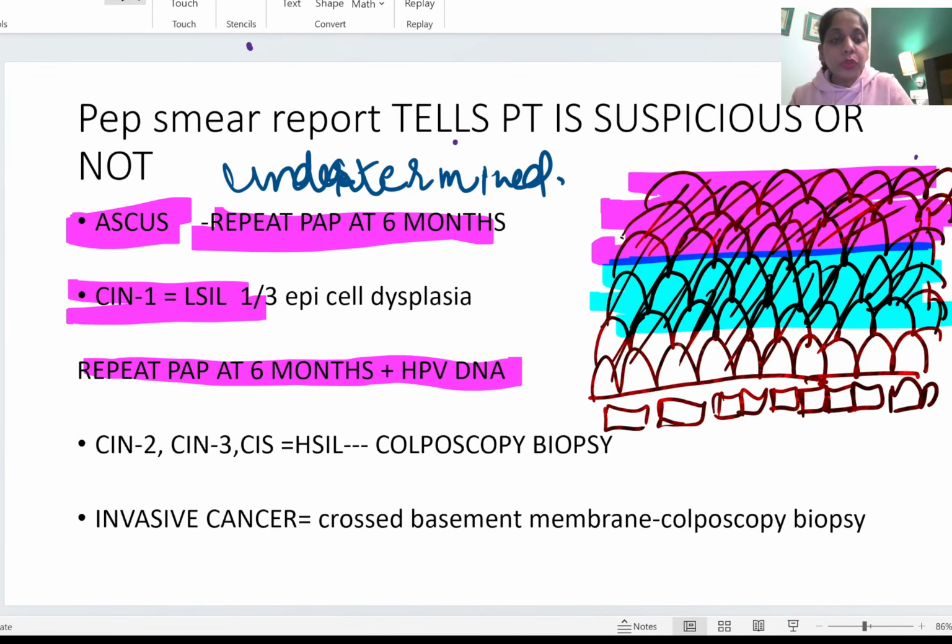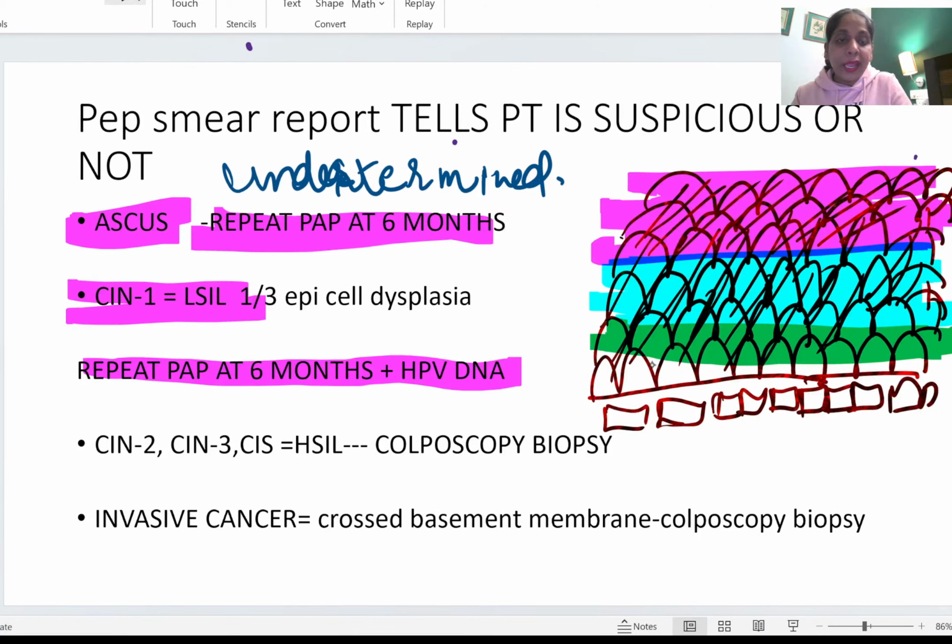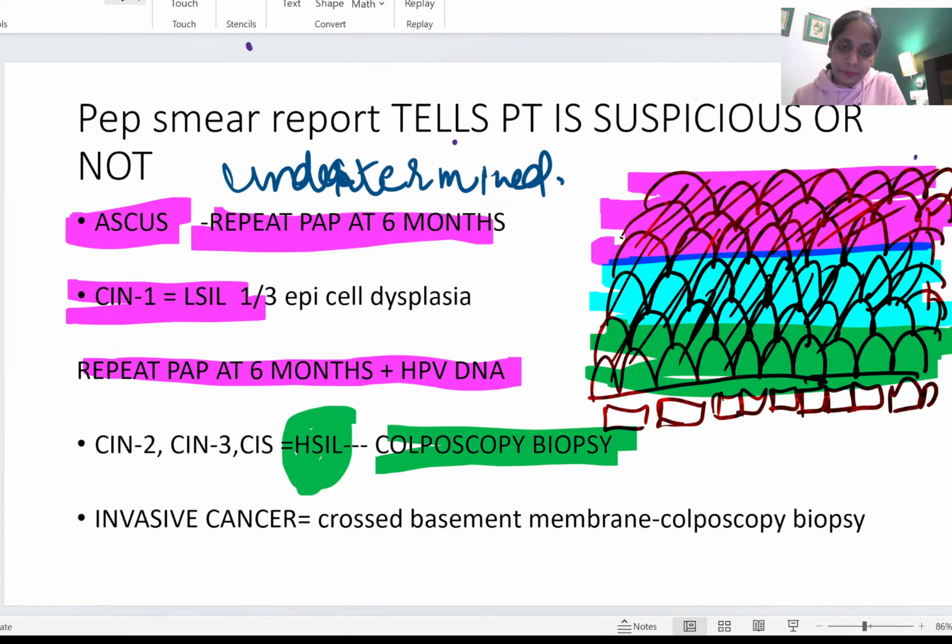If the whole epithelium is involved, then it is known as CIS, carcinoma in situ. All of these, CIN2, CIN3 and CIS, in total are called HSIL, high grade squamous intraepithelial lesion. In these cases, we have to take the biopsy.